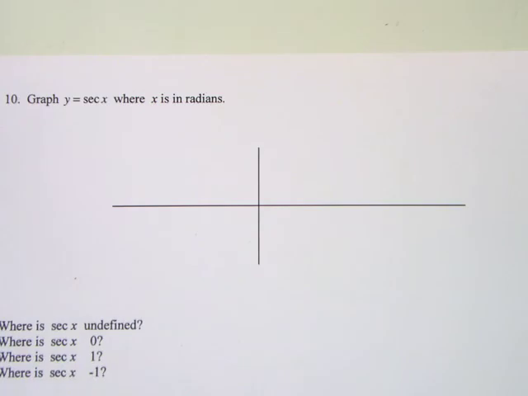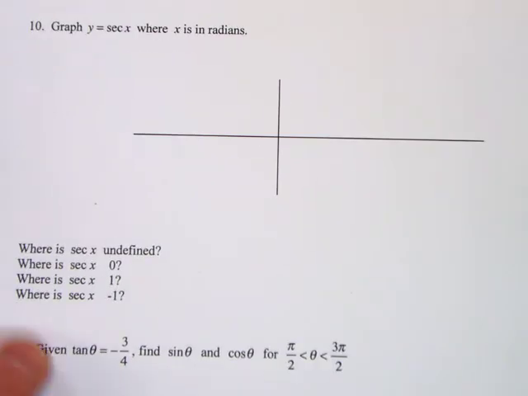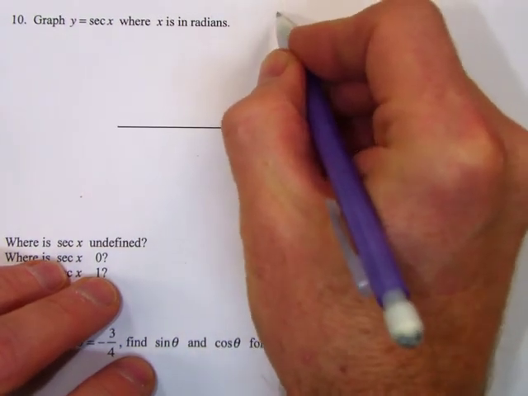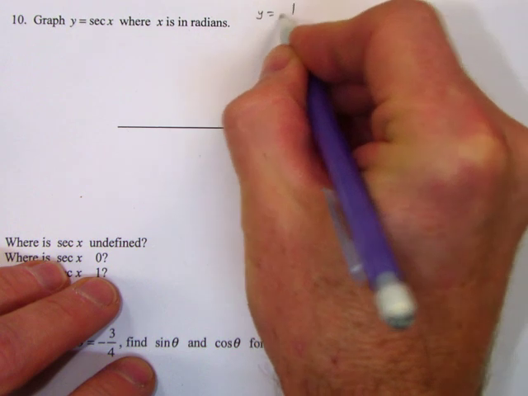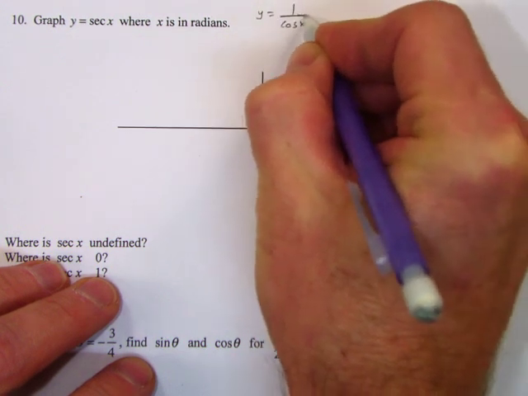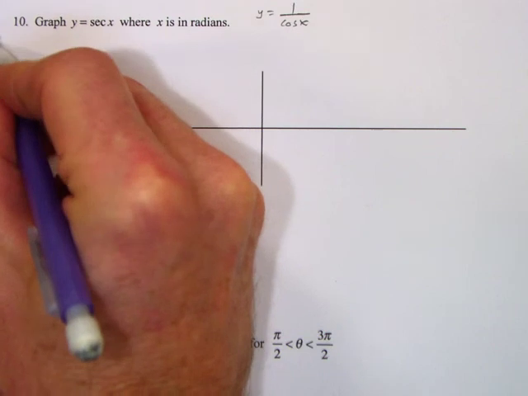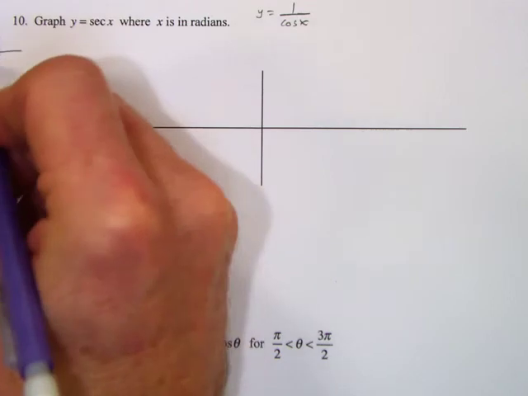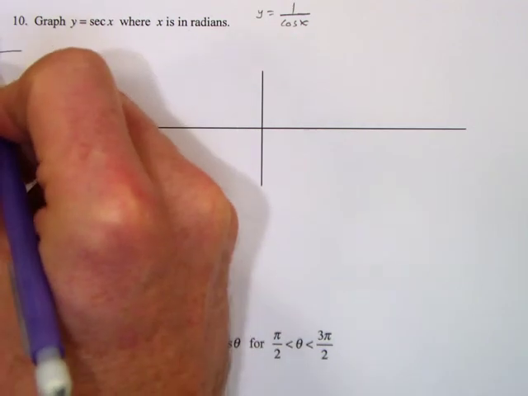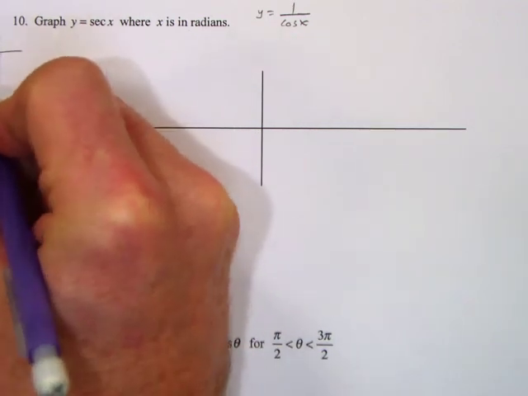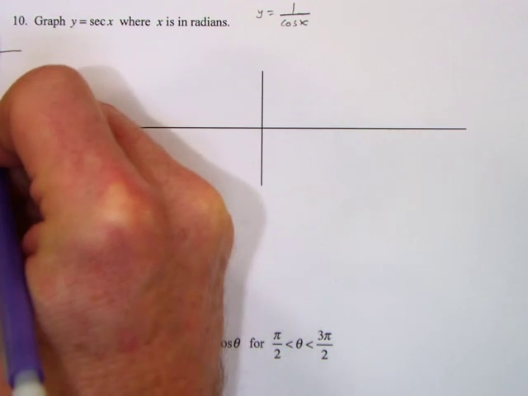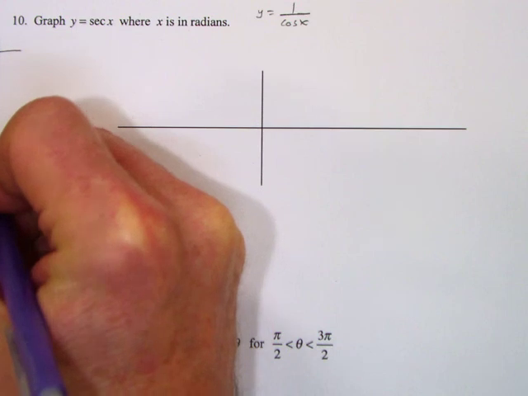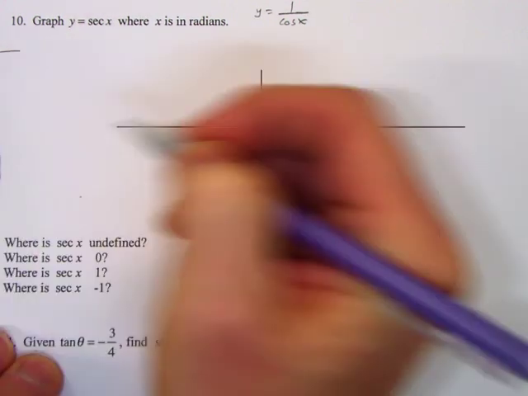All right, let's take a look at graphing here. Now what we're going to do here first is say that y equals 1 over cosine of x. Let us make a table of values. Instead of using everything, well, let's start. I'm going to use some key numbers here, and then we'll talk about them. Trying to limit making too big of a table.